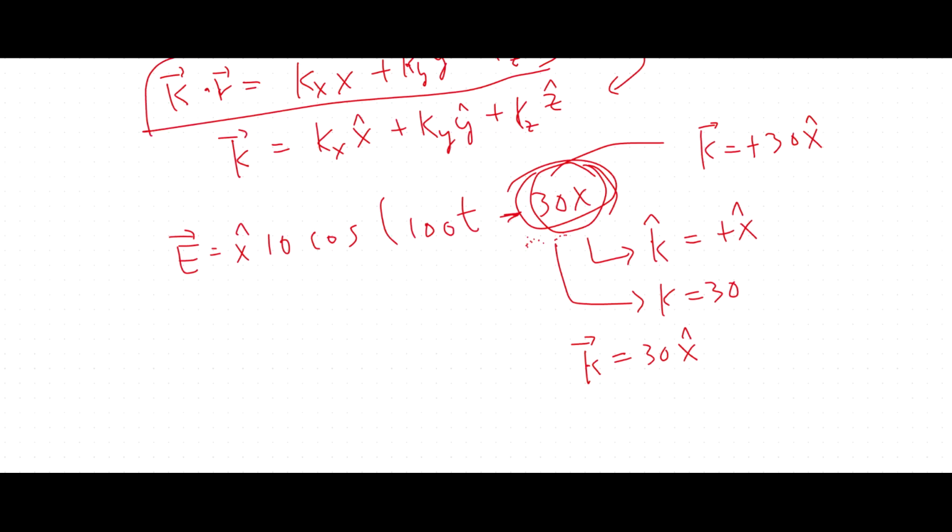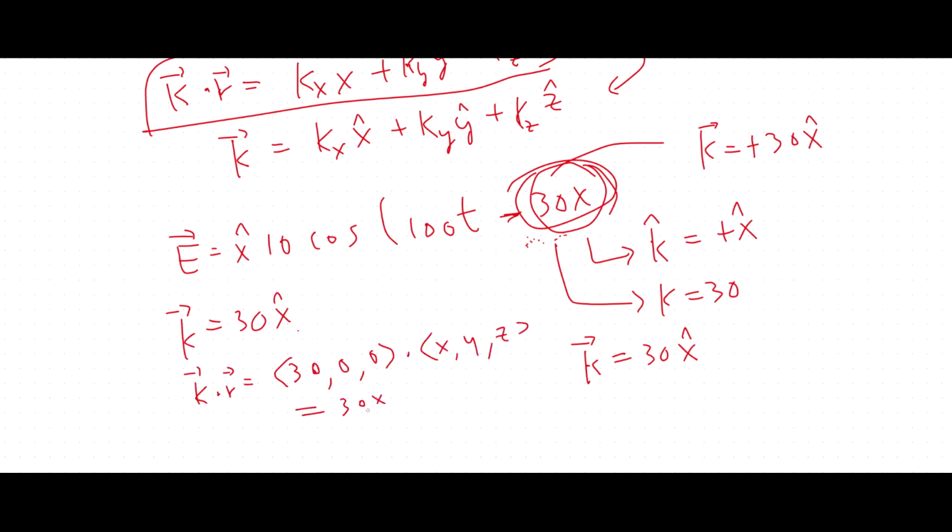So what is K dot R? K is equal to 30 x hat, with no y and no z, dotted onto x, y, z. What do I get? 30x.